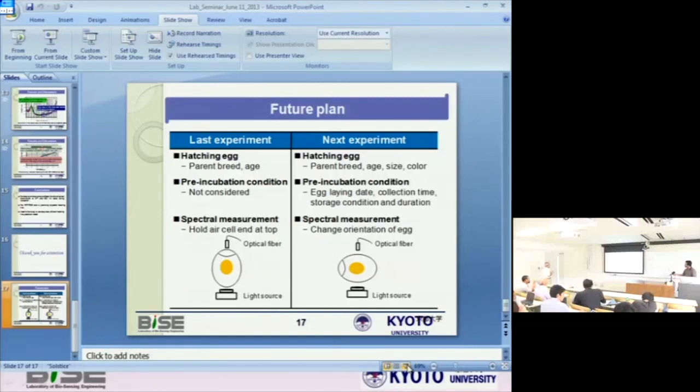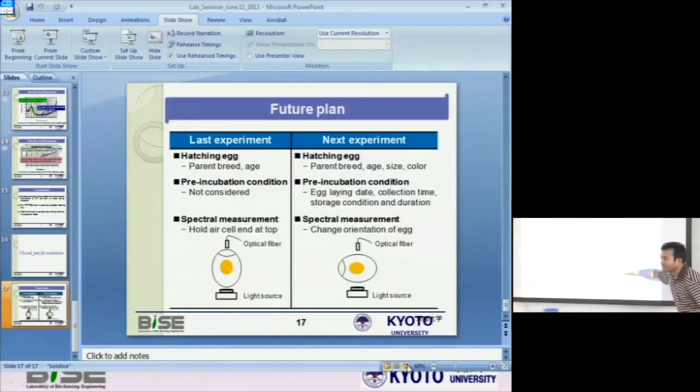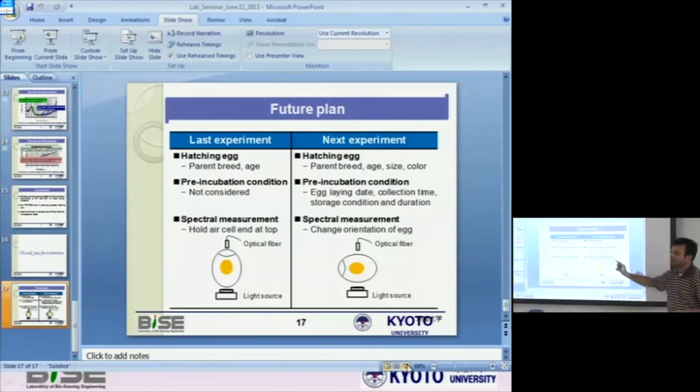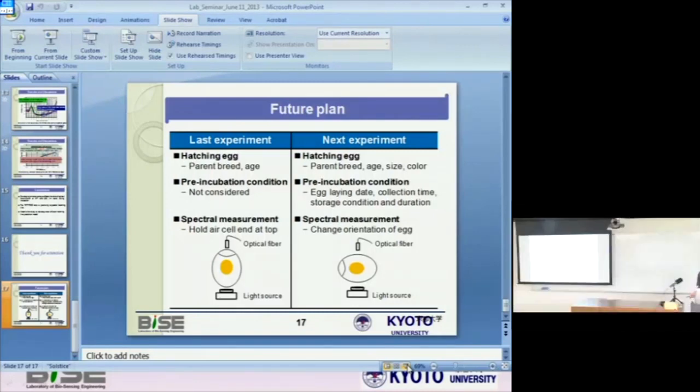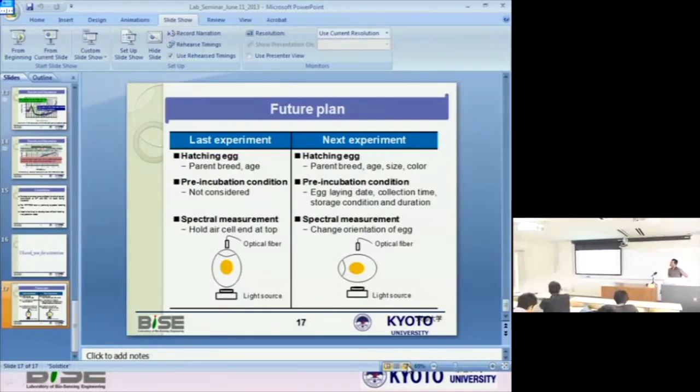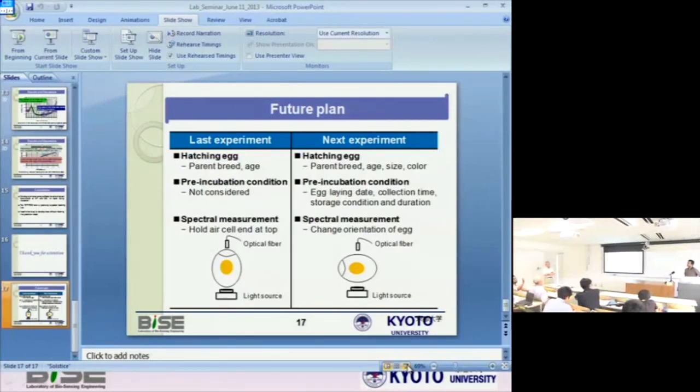I will keep this distance fixed and make some space so that the shell of the egg may not be broken. I will keep some clearance here. Otherwise, because of differences in size and shape, the shell may break. How big is the fiber? One millimeter diameter? Yes, diameter 1 millimeter.